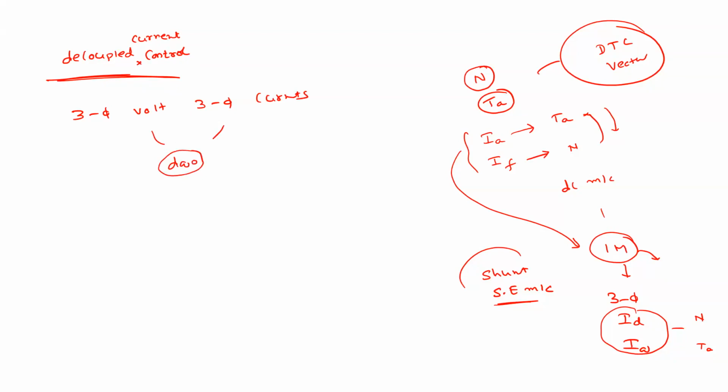So the variables will become DQ0. This will be the VD. If the magnitudes are balanced supply, what is the value of VQ?